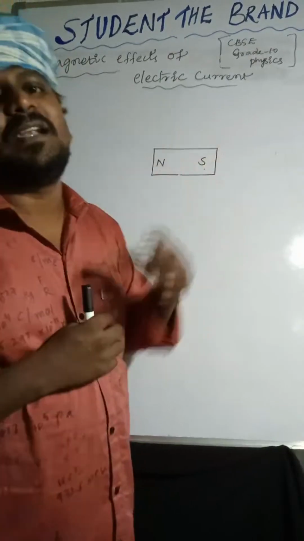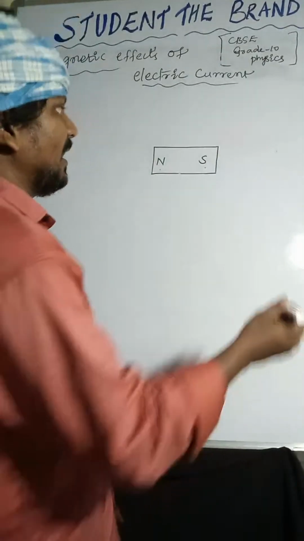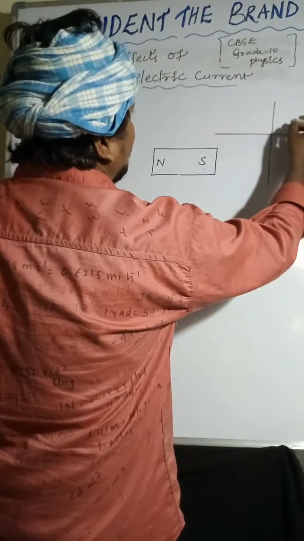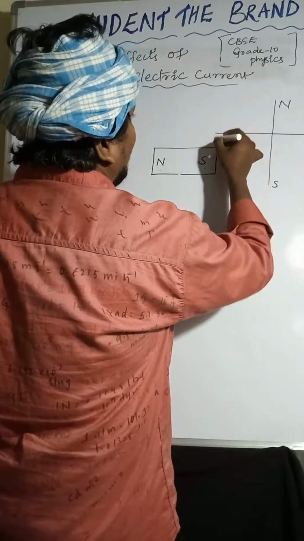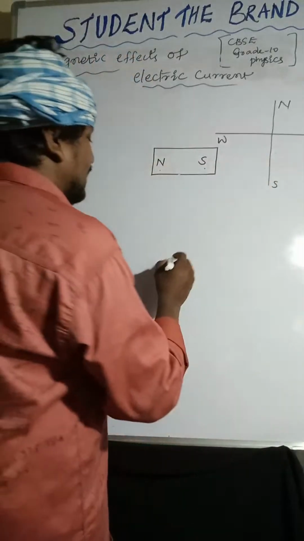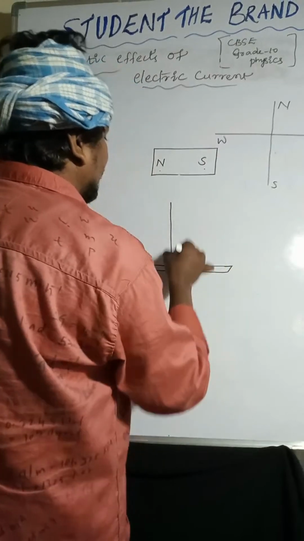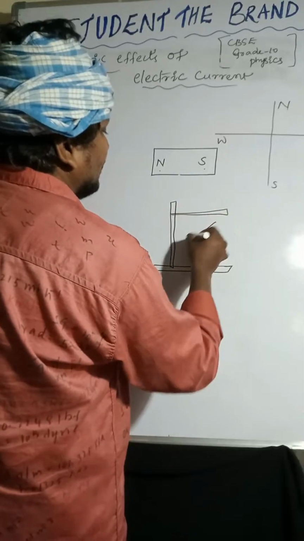If you suspend the magnet freely, it always shows the north and south direction. So I'm taking the magnet like this.